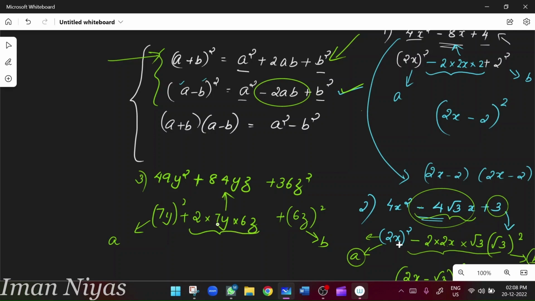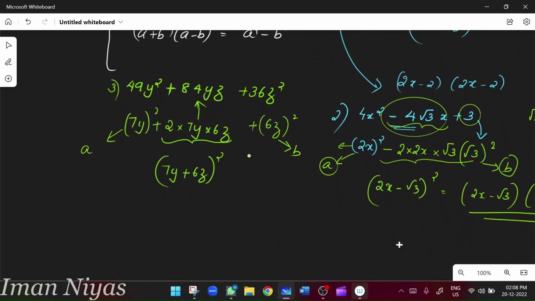So you can see here 2 7s are 14, 14 into 6, you will get 84 and yz. That is correct. So now you can write it as a plus b the whole square. So now we got the factors as 7y plus 6z, multiplied with this you will get the answer. That means these are the factors.